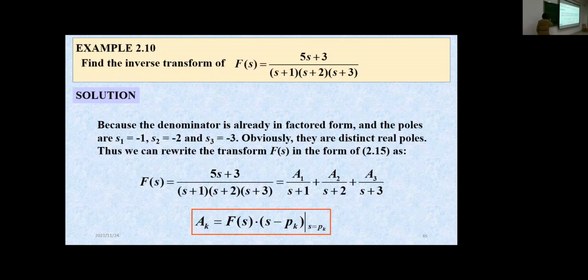How about the constant? What? 6A1 plus 3 plus 2A3. We have these 3, right?